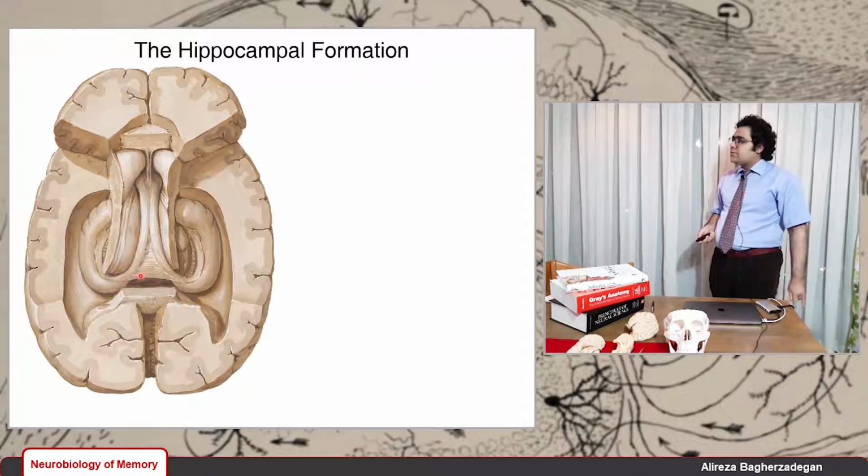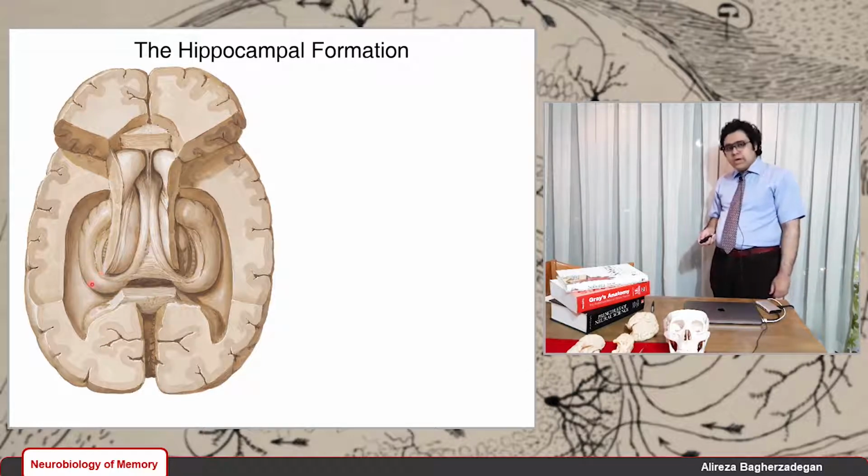The plural of that is crura, or the legs of the fornix. And then we have the fimbria, and here we have again that seahorse structure, that C-shaped structure called hippocampus. So hippocampus is a seahorse structure.